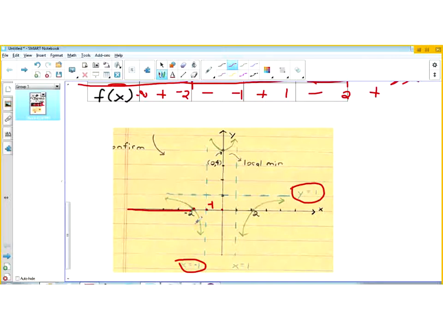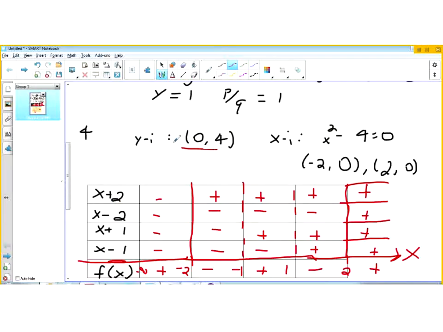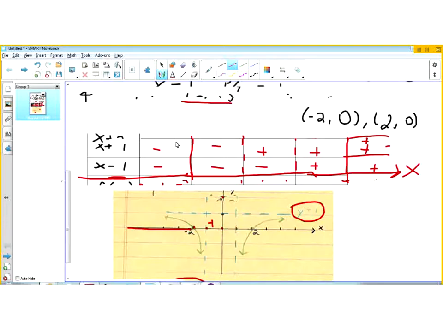So this branch conforms to that piece. Okay, so now note also that (-2, 0) is an x-intercept, (2, 0) is an x-intercept. And we also had the y-intercept as being at (0, 4) from previous work, right? See right here? (0, 4) is the y-intercept.